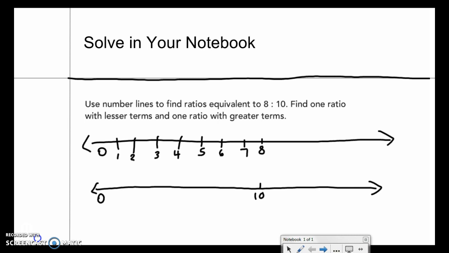We're trying to find a ratio that is equivalent to 8 to 10 with lesser terms and one ratio with greater terms. So we do the right side of it as well. 9, 10, 11, 12, 13, 14.